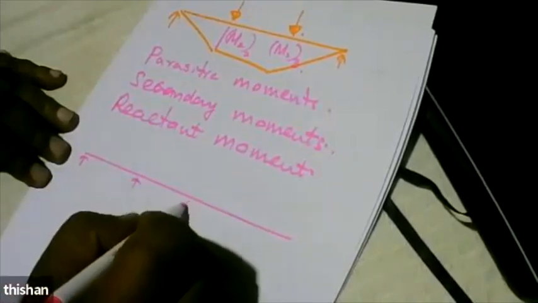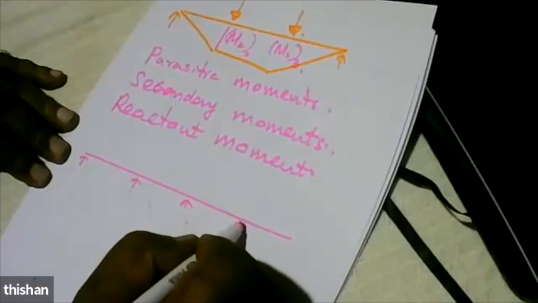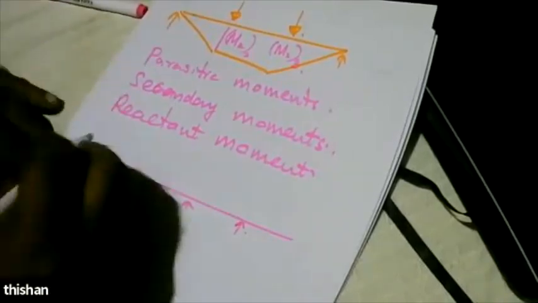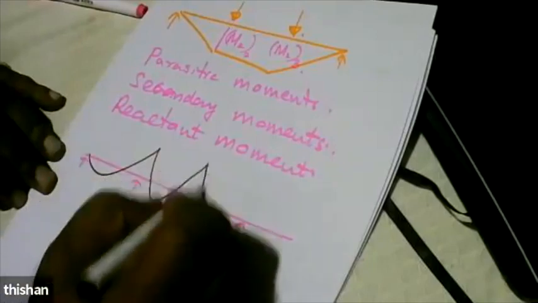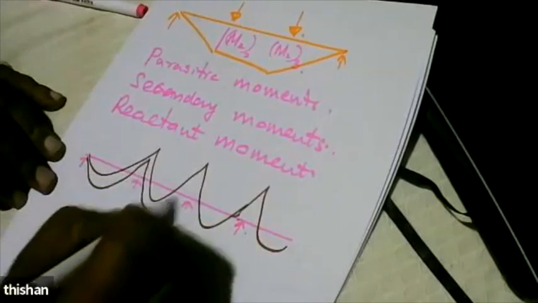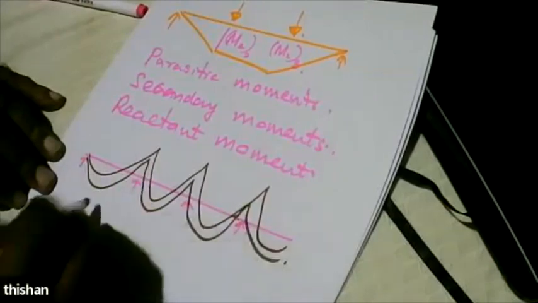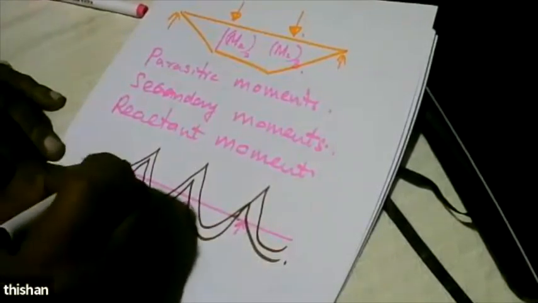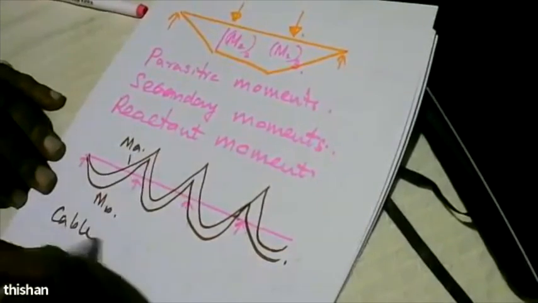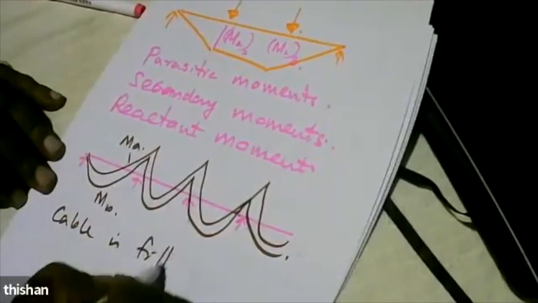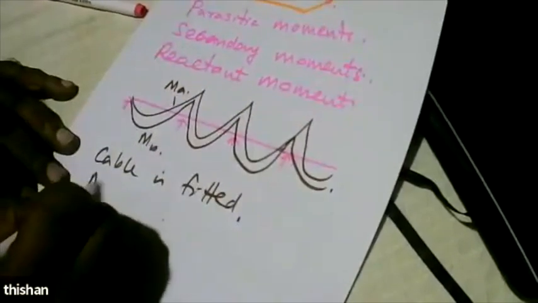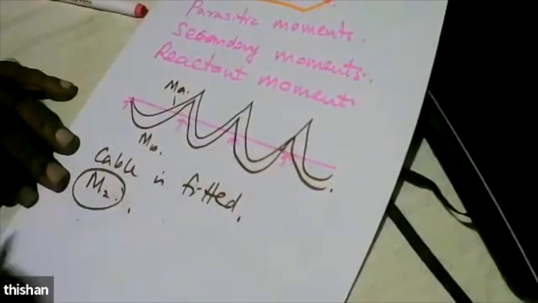your load analysis, and we have already got a bending moment result. And we have MB, we have MA, we have fitted a cable, it's fitted. Now what happens? Now we are getting an additional moment M2 as well.